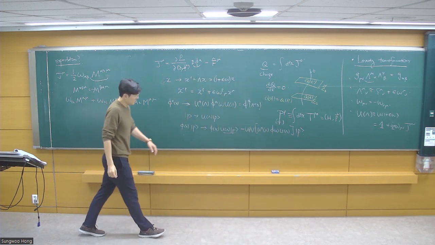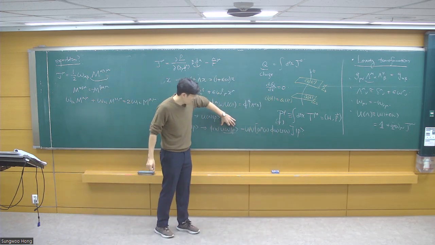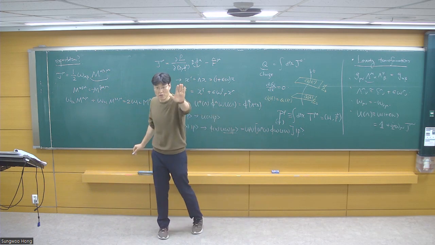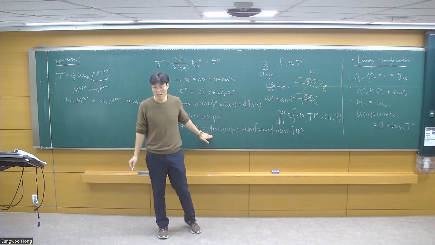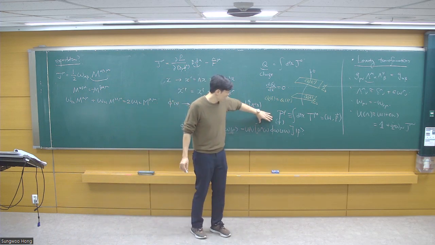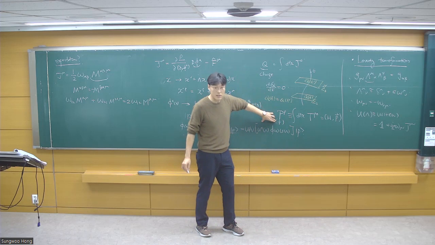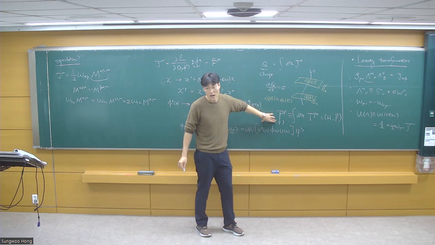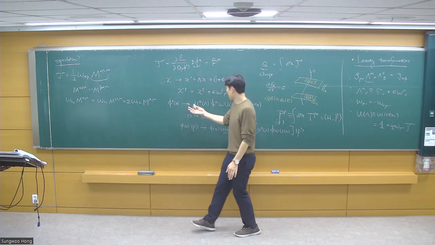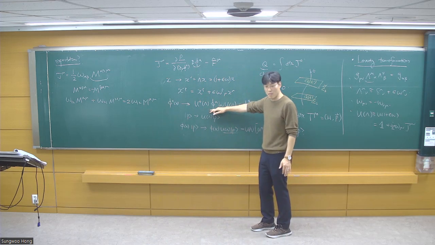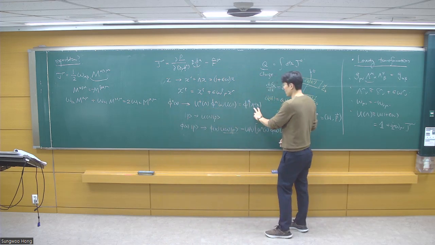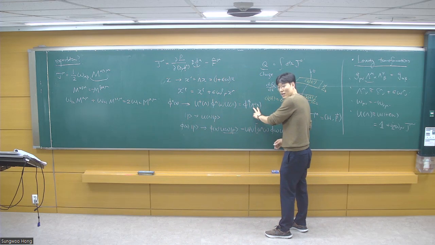So what I'm saying is, you can think either the state transforms in the Schrödinger picture and the operator doesn't, or you can view that as if the state doesn't change, but the operators transform. So that's the Heisenberg picture. So what I wrote here is the Heisenberg picture, but then I also explained the argument changes the opposite way.